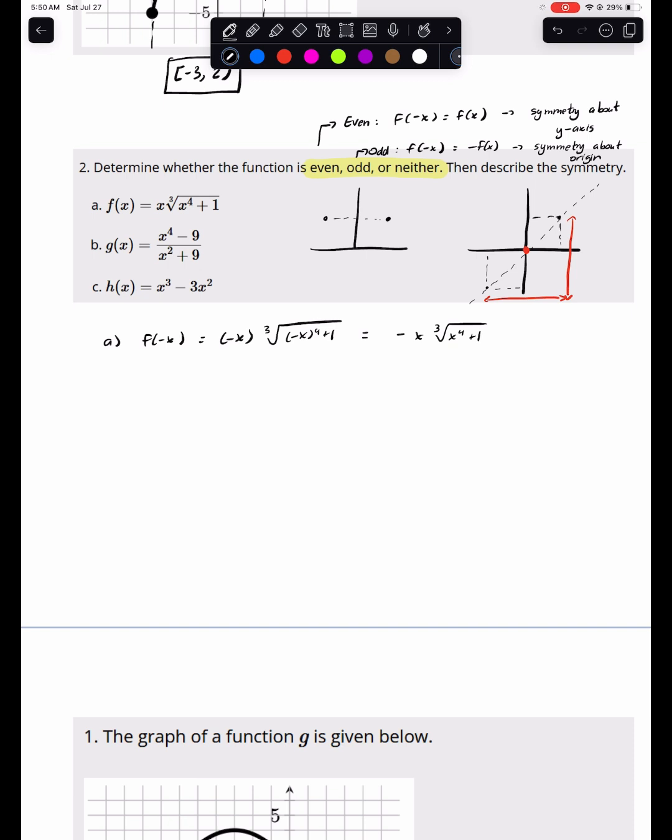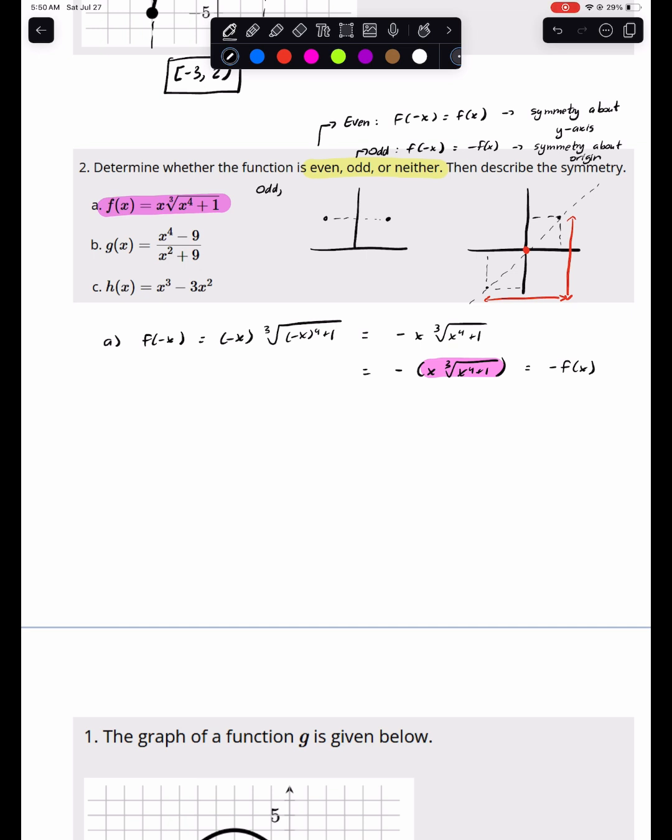And you can see that if I highlight our original function in pink, you can see that our original function shows back up. And this is simply negative f of x, right?